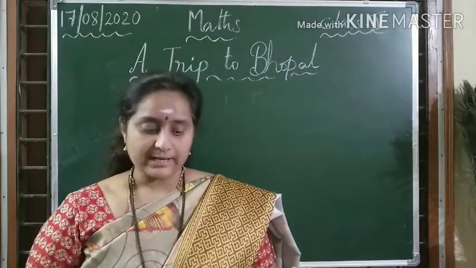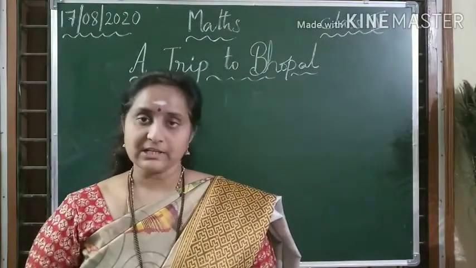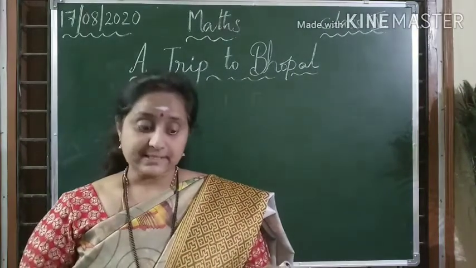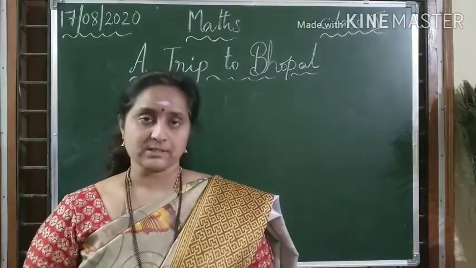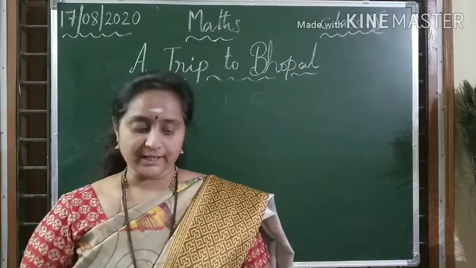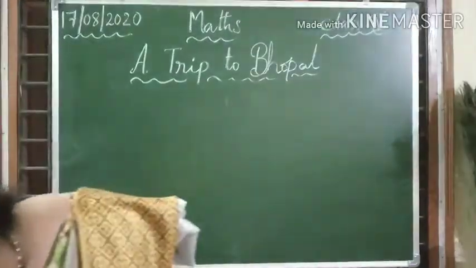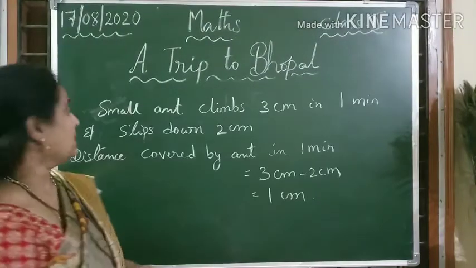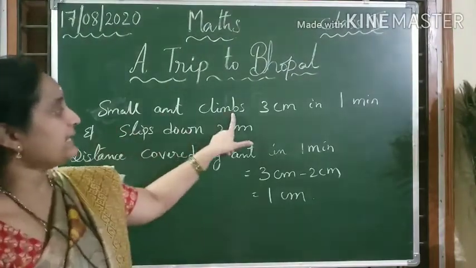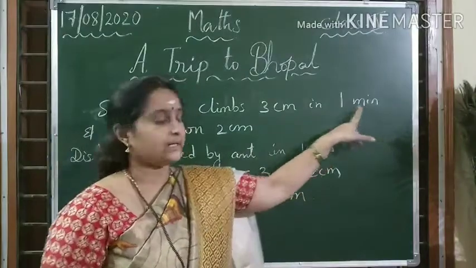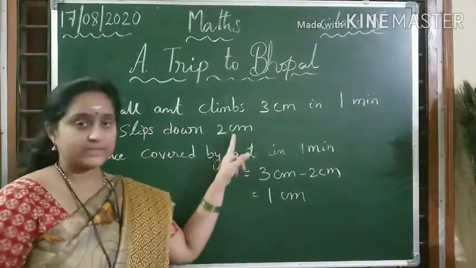A small ant climbs 3 centimeters in 1 minute but slips down 2 centimeters. How much time will it take to climb 2 centimeters? It is given that the small ant climbs 3 centimeters in 1 minute and slips down 2 centimeters.